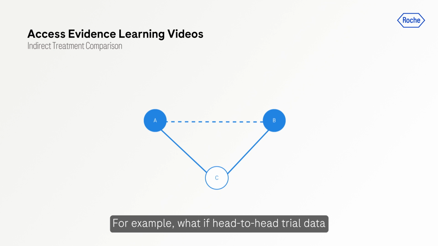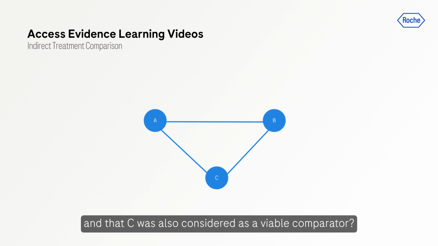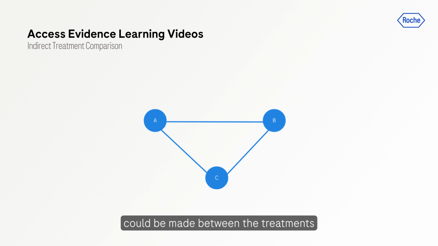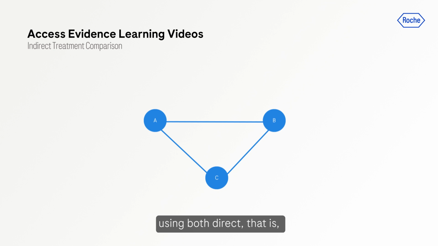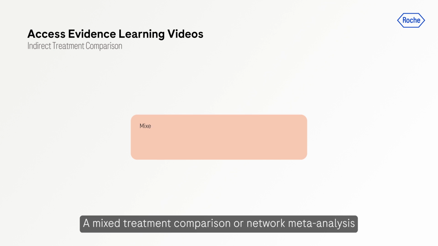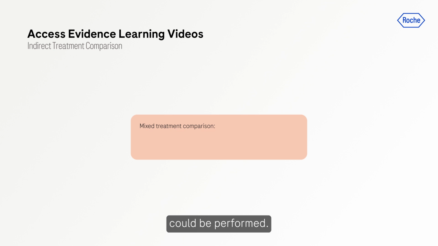For example, what if head-to-head trial data were available between treatments A and B, and that C was also considered as a viable comparator? Here, pairwise comparisons could be made between the treatments using both direct, that is head-to-head, and indirect treatment comparisons. A mixed treatment comparison, or network meta-analysis, could be performed.